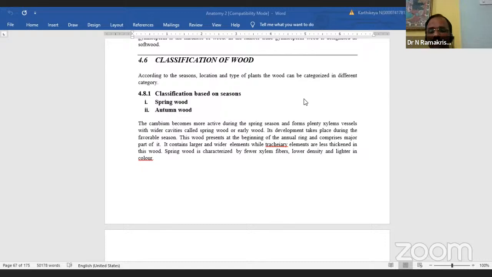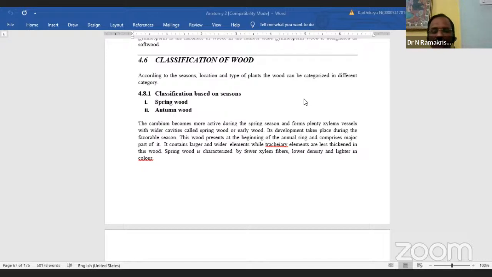And the next one is the formation of rings, where there is more than one vascular bundle ring. However many vascular rings you see, that much development you see in the plant. So one is secondary growth and the other is anomalous secondary growth.